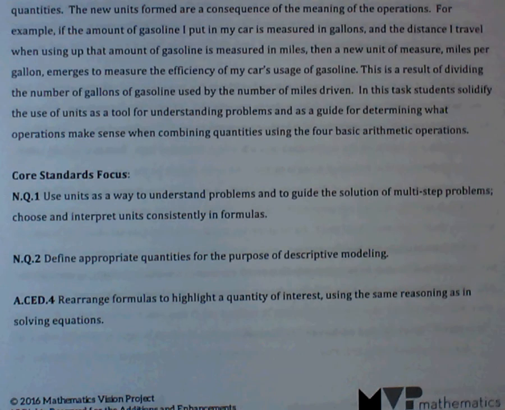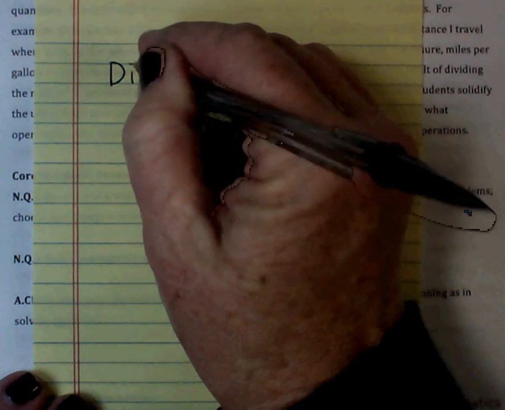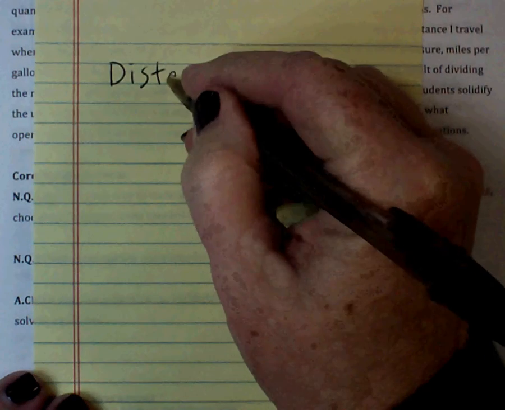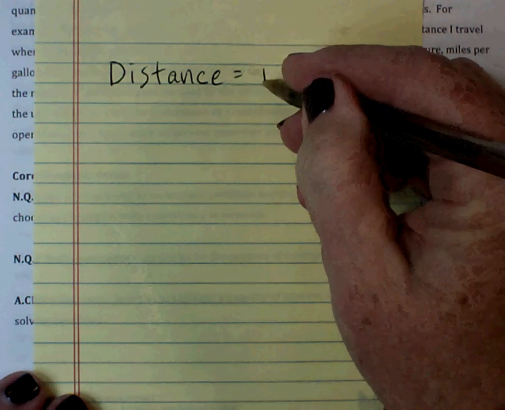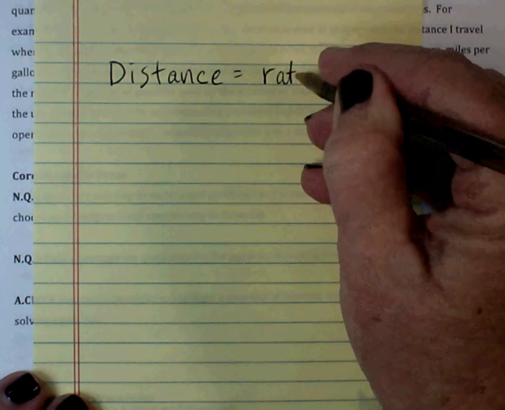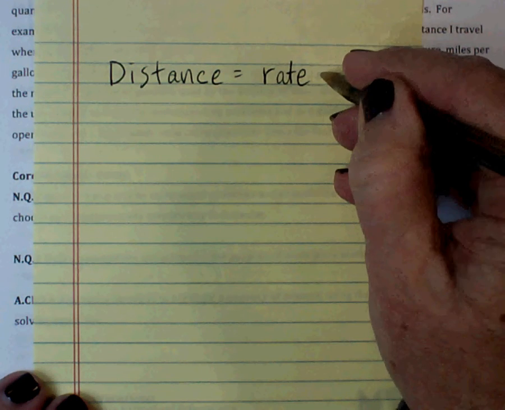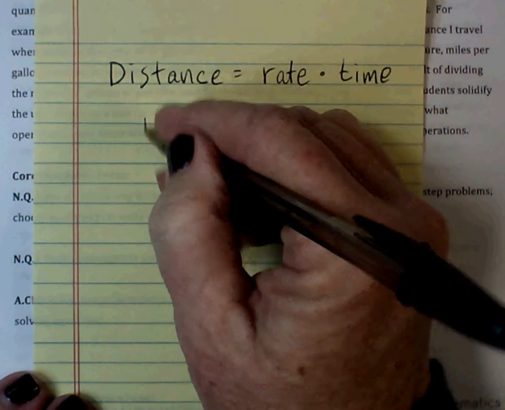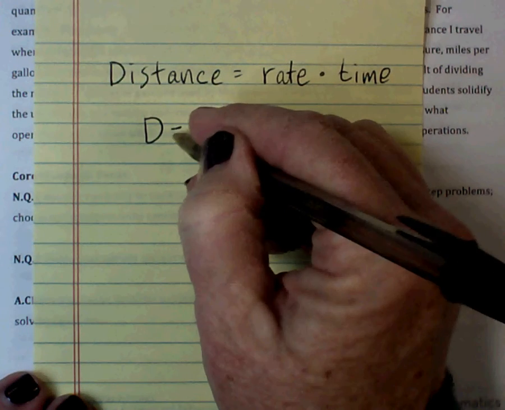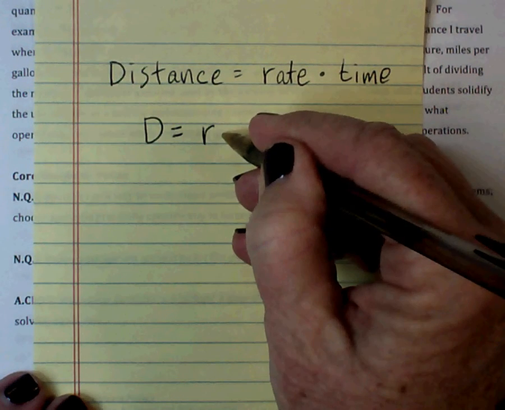So an example of this that you may have come across in a science class is distance. This is a formula used a lot in science and math: distance traveled is equal to the rate of travel multiplied by the amount of time. And you write that like this. Usually they use a capital D, I don't know why: D equals rate times time.